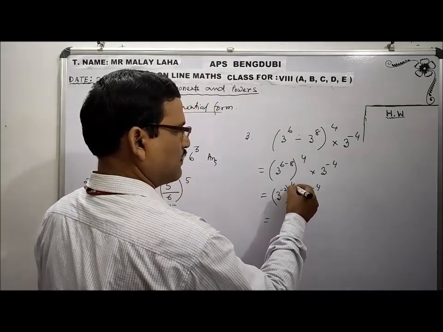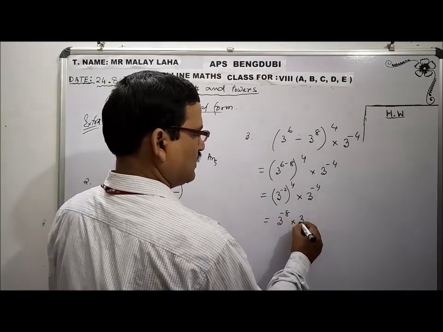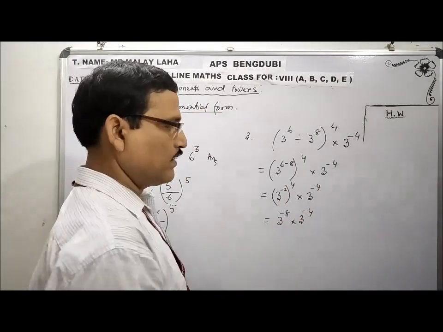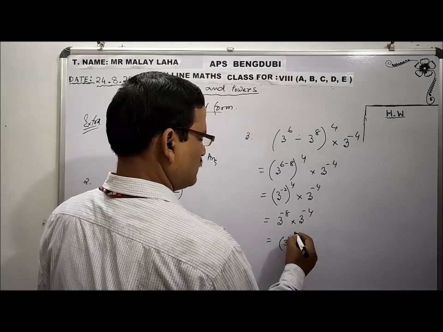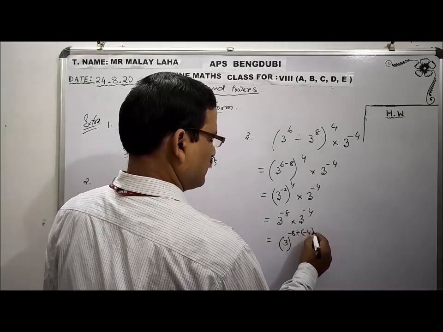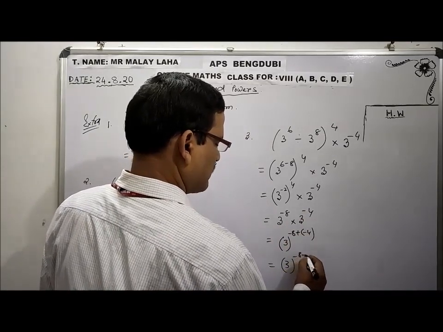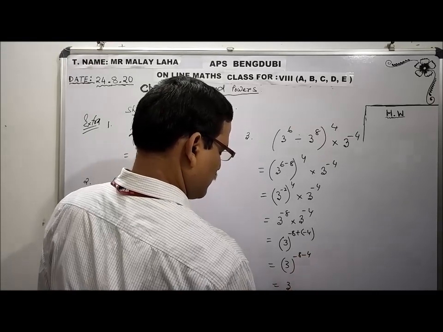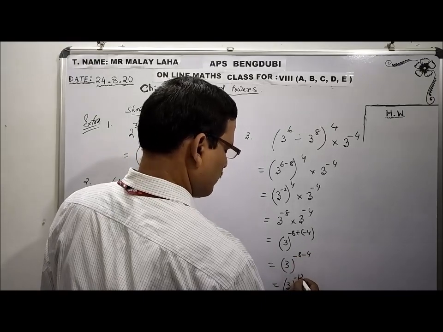Now a double power is there. So 3 raised to minus 8 into 3 raised to minus 4. Again the base is the same, power different. Under one base we write minus 8 plus minus 4, so 3 raised to minus 8 minus 4, that is 3 raised to minus 12.